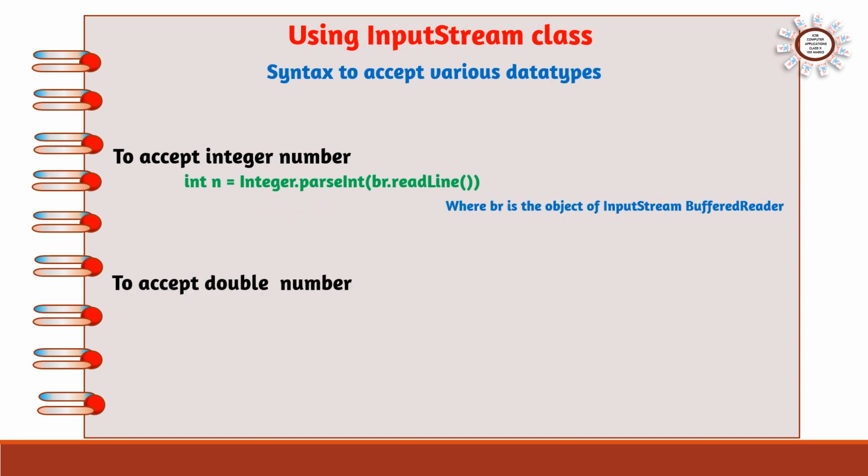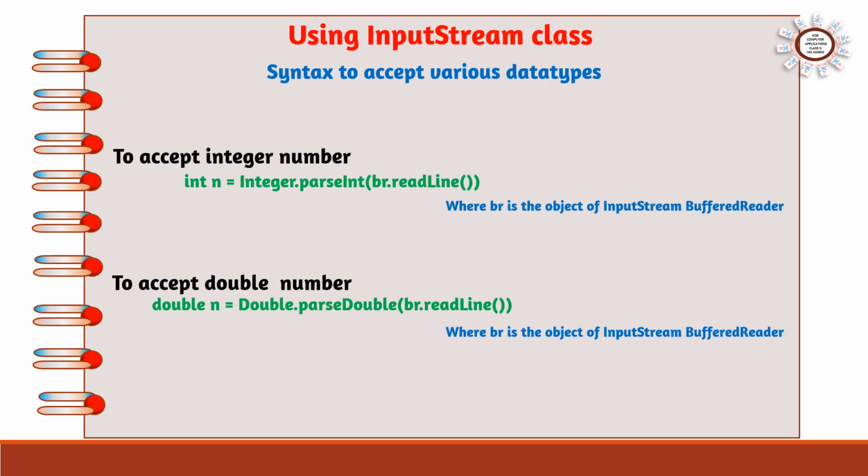And now for accepting a double number, Double.parseDouble. Here we are accepting the string and then converting it into double, with capital D: Double.parseDouble. So integer means Integer.parseInt(BR.readLine()), and double means Double.parseDouble(BR.readLine()), where BR is the object of InputStreamReader and BufferedReader.